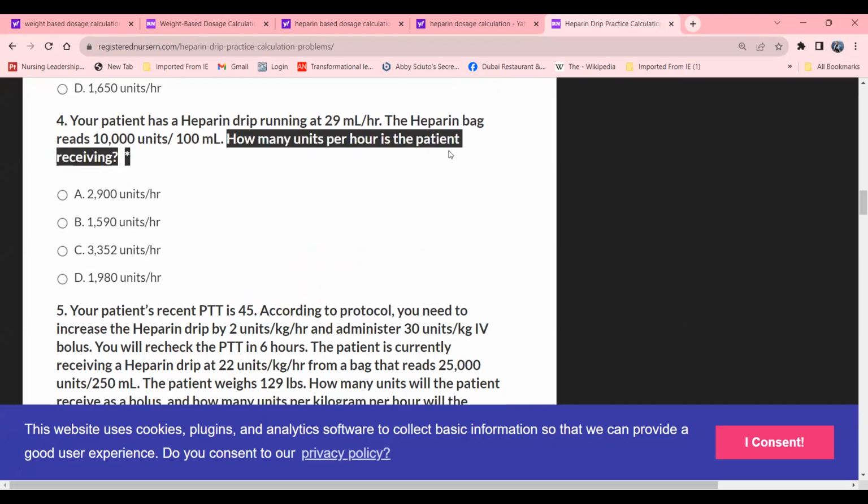So you have your given, which is your 10,000 units per 100 mL. And you know that the pump is running at 29 mLs per hour. So the first thing you have to do here is determine how many units in each ml.